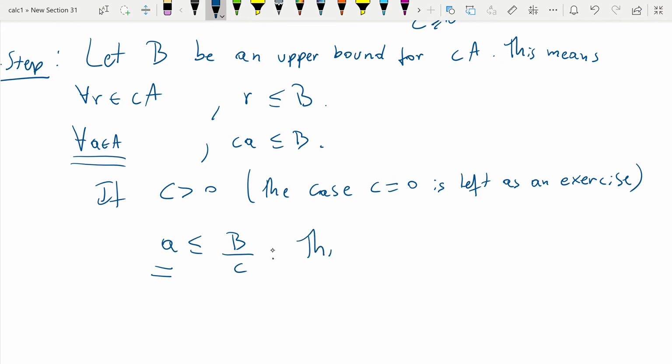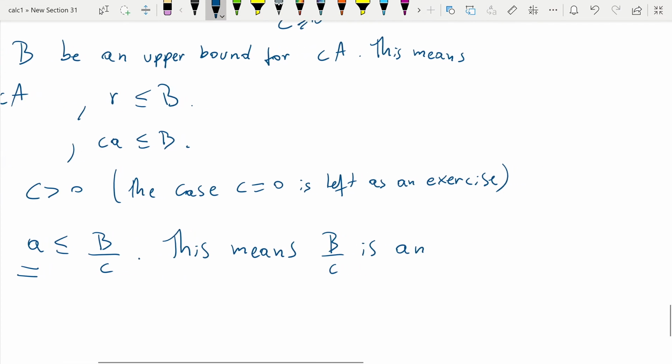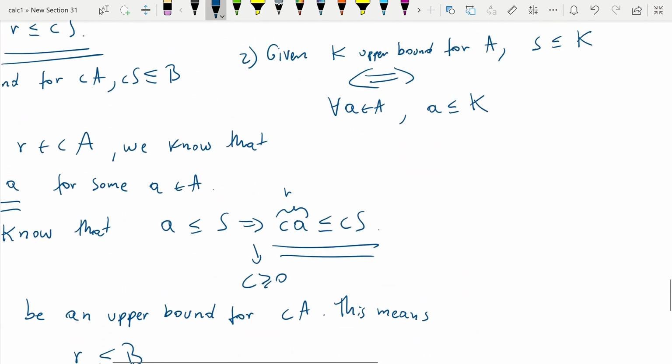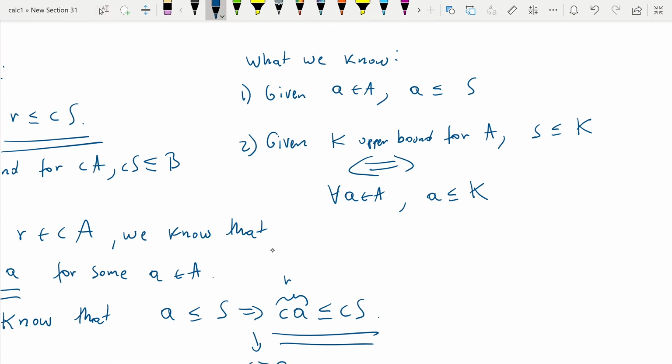So this means that B over C is an upper bound for A. So this is our K. And if we know that we have a K which is an upper bound for A, then K must be greater than or equal to S. And here's where we're using what we know.